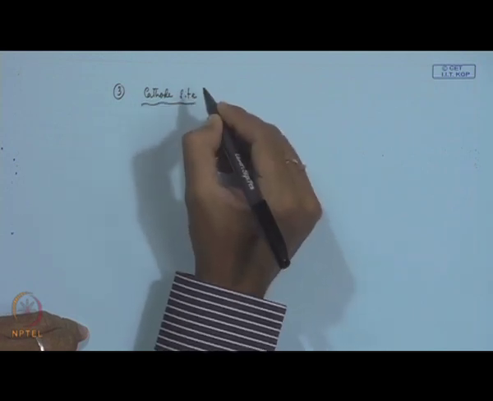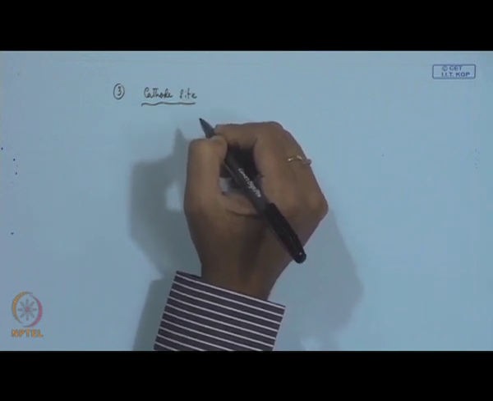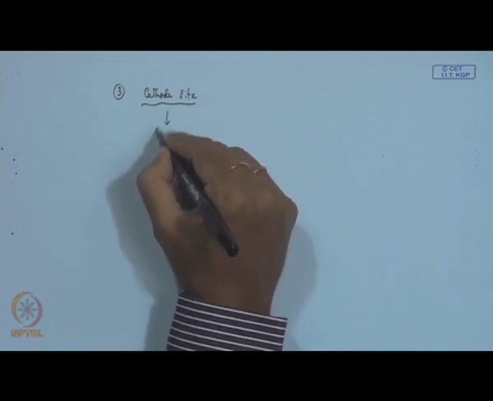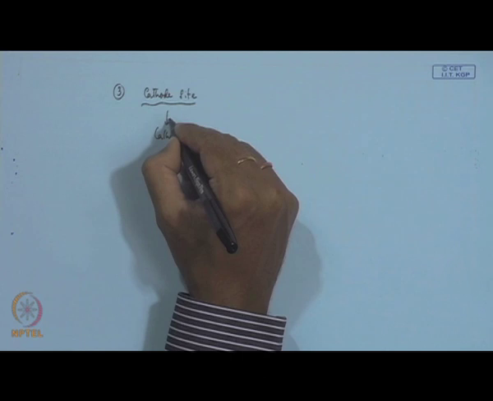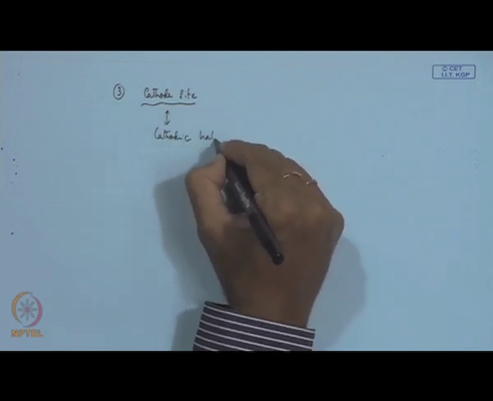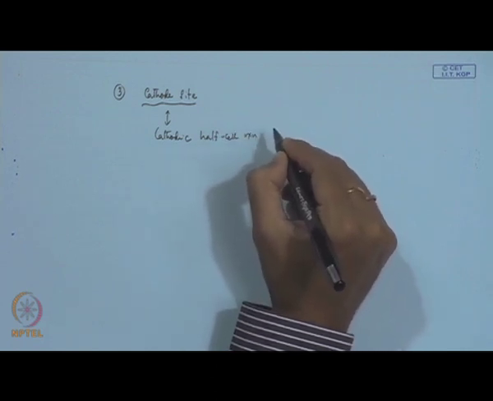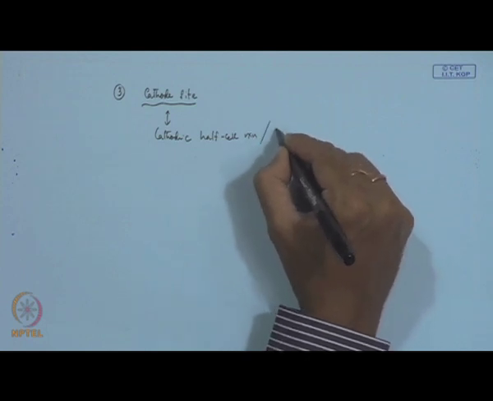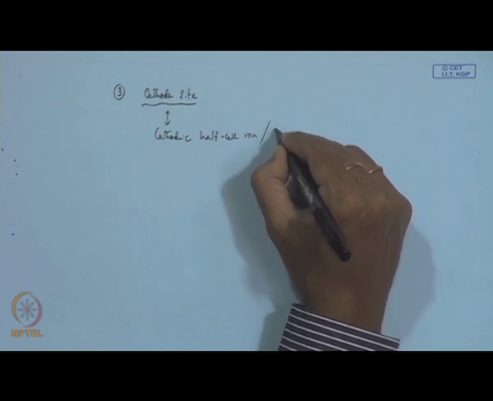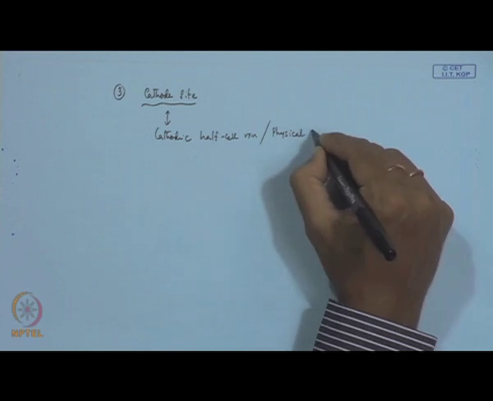An important feature is that we have to distinguish between the cathodic half cell reaction and what is meant physically by cathode, the physical cathode.